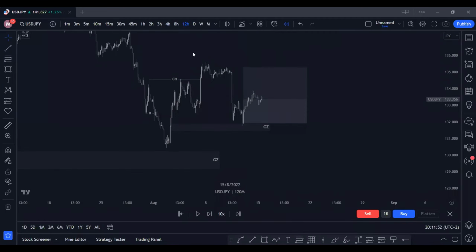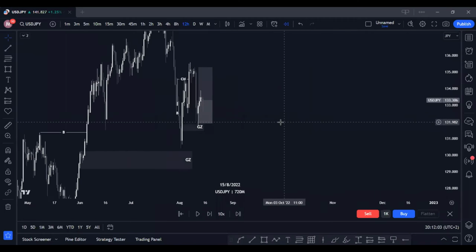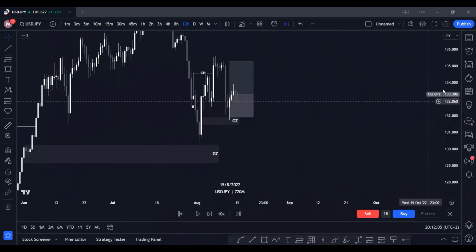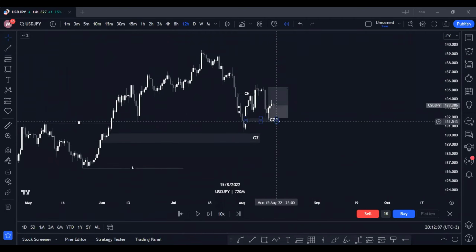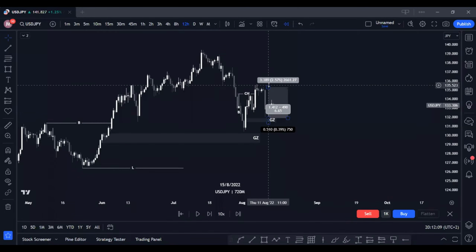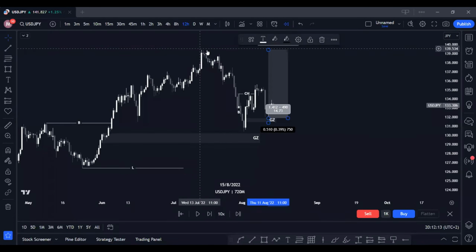Move to the higher time frame again. So immediately when you take your entries off your confirmation entries here, your take profits are going to be on your higher time frame high here.